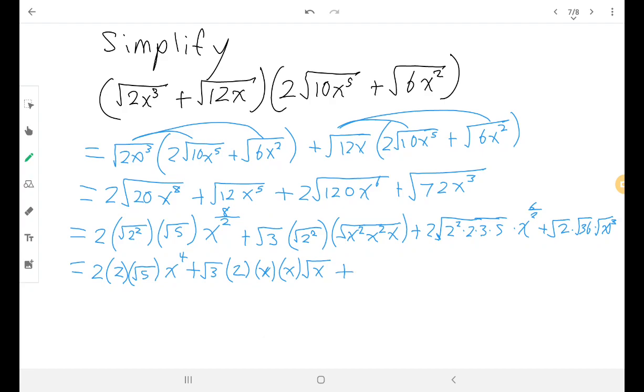And then plus, so we've got a square root of 2 squared there. And then I'll just put all this back together inside the square root.